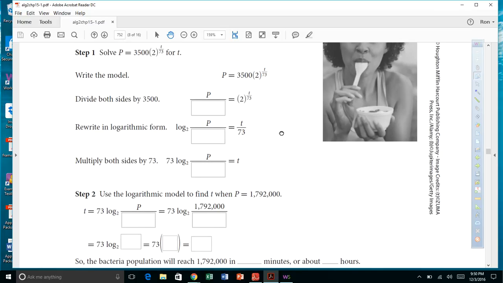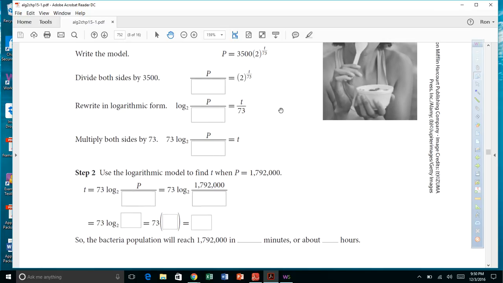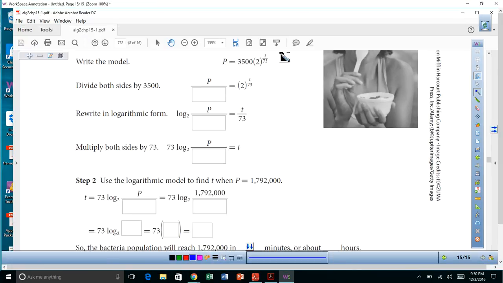All right, solve P equals 3,500 times 2 to the t over 73 for t. So first off, we want to divide everything by 3,500, right? So we'll have P over 3,500 equals 2 to the t over 73.